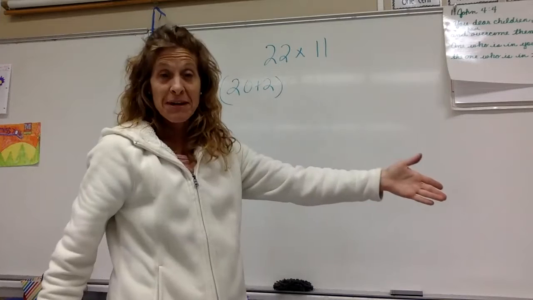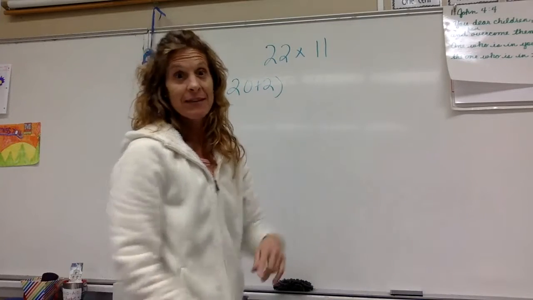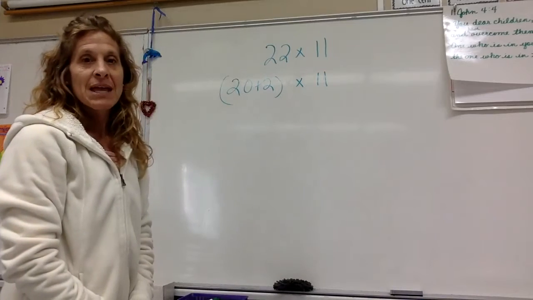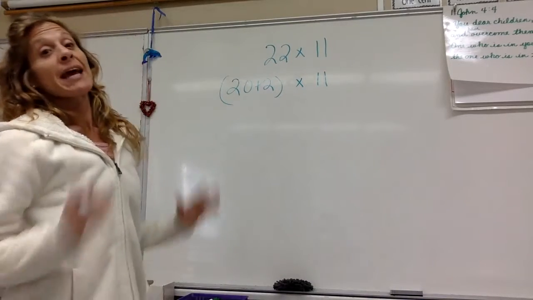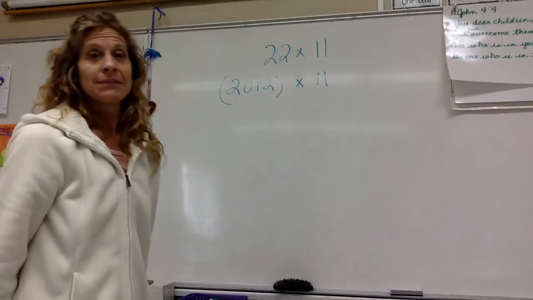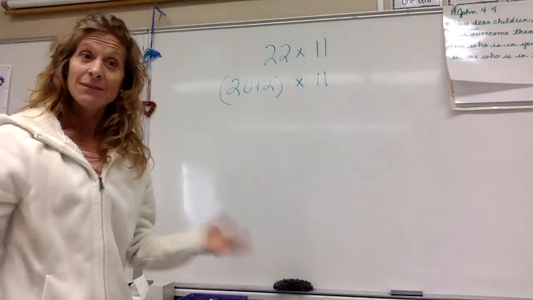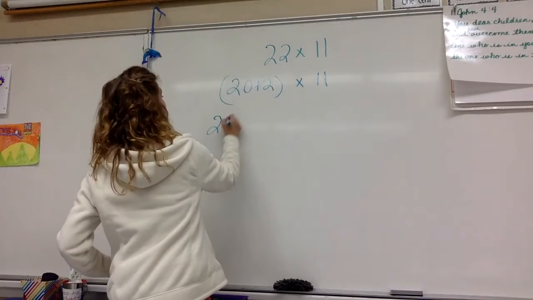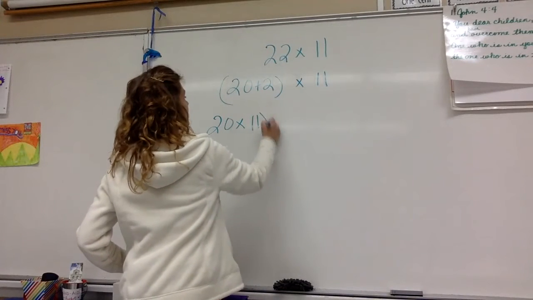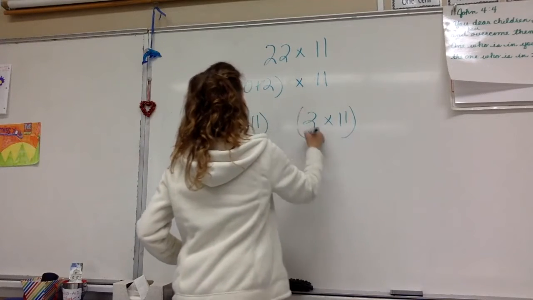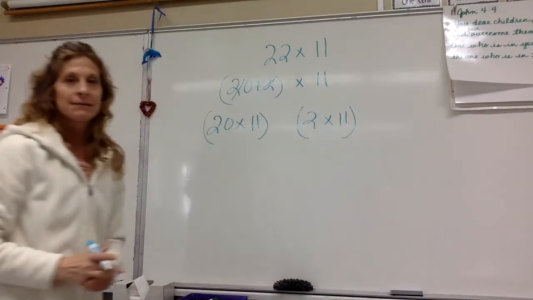But we still keep the rest of the problem, times 11. Okay? Now, the 20 has to be multiplied by the 11, and the 2 has to be multiplied by 11. So let's write that down. 20 times 11, 2 times 11. We took care of that, we took care of that.